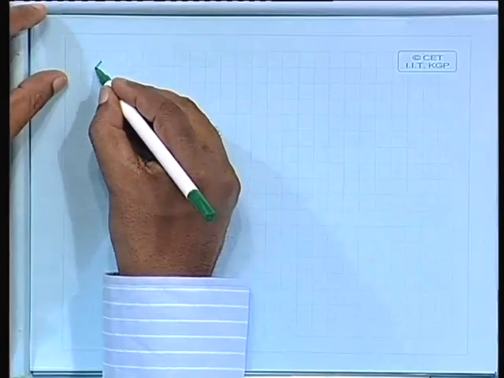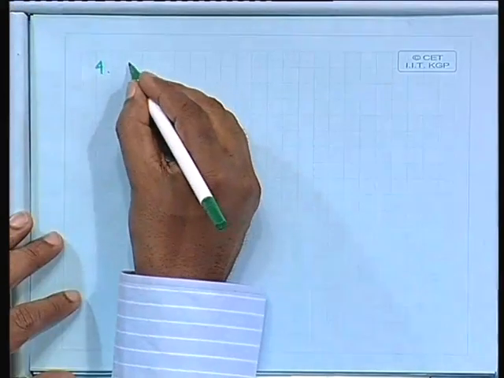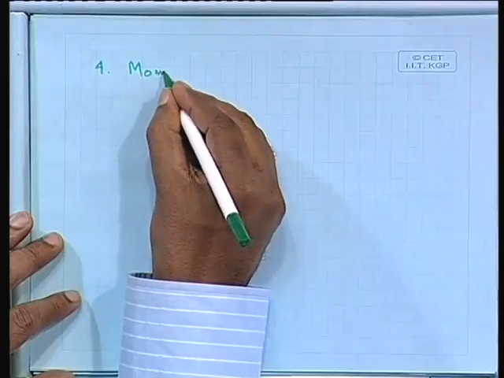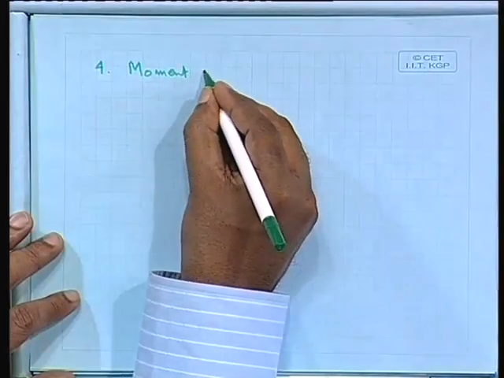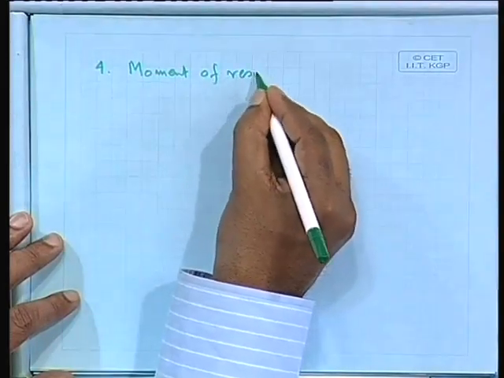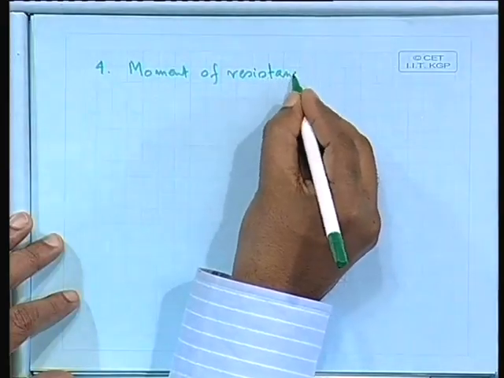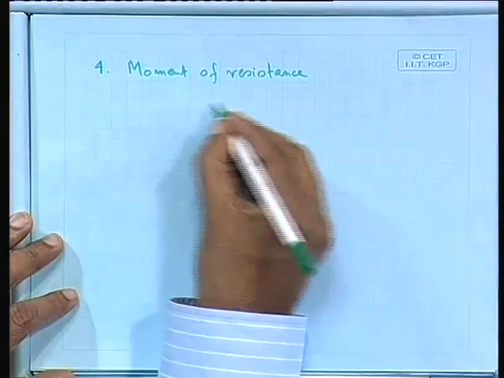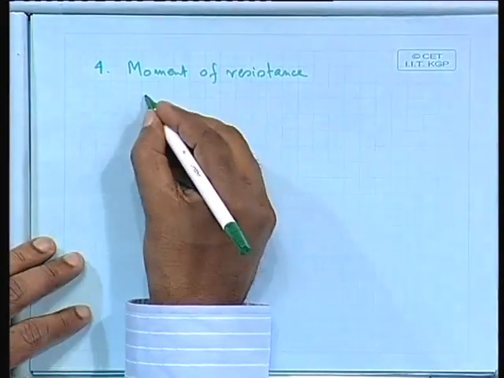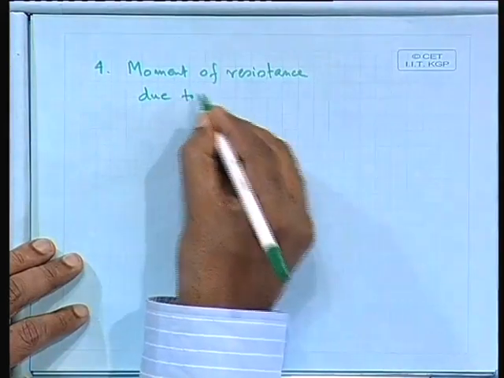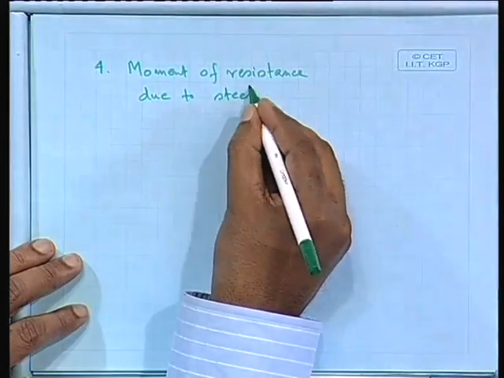Number 4, similarly we can get it here also, moment of resistance due to steel yielding.